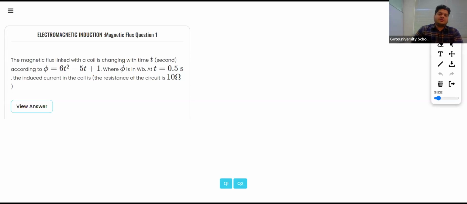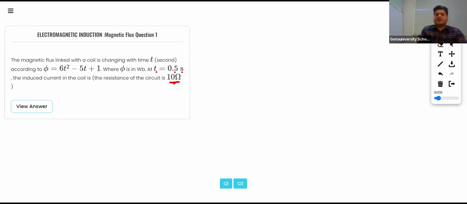I will solve this question. The magnetic flux linked with the coil is changing with time t in accordance with 6t square minus 5t plus 1, where phi is in Weber. At time t equal to 0.5 second, the induced current in the coil is how much? We have to find it, and resistance is given.